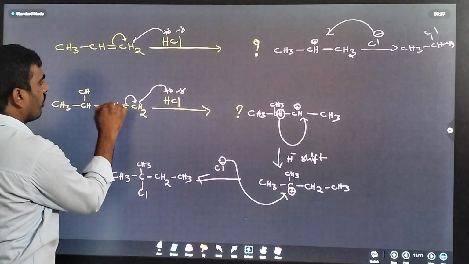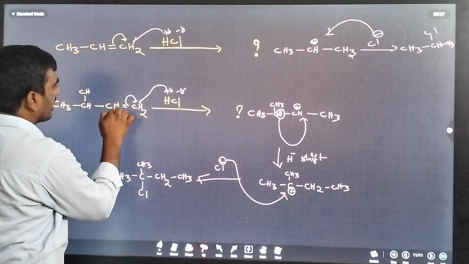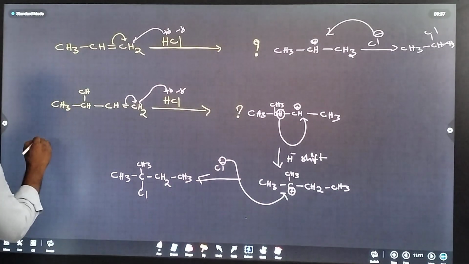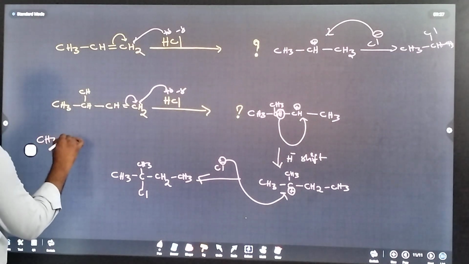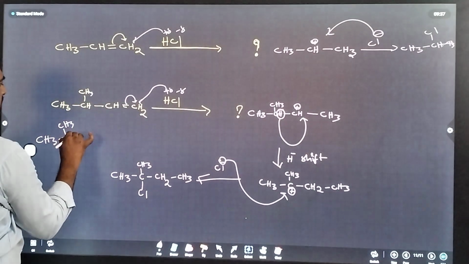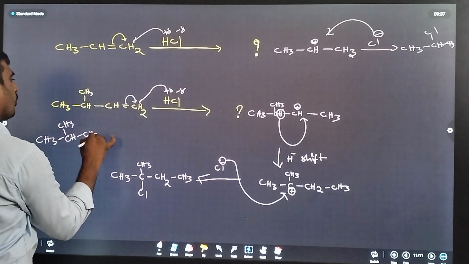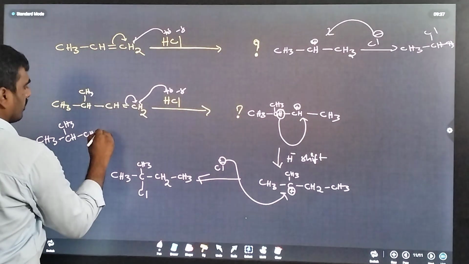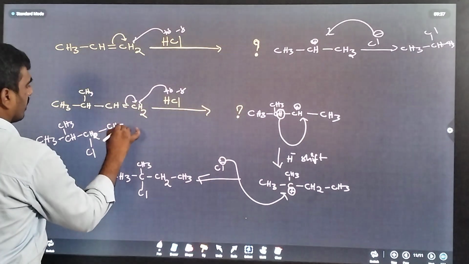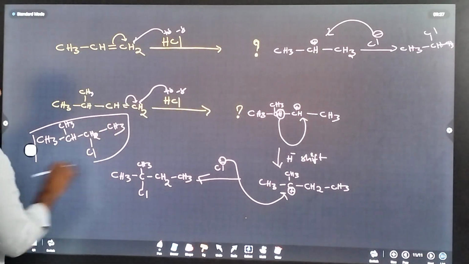Here only one hydrogen, here two hydrogens. Cl minus attacks here, H plus attacks here. So we get this product, CH3, CH, CH2, Cl and CH3. Is this the correct product?